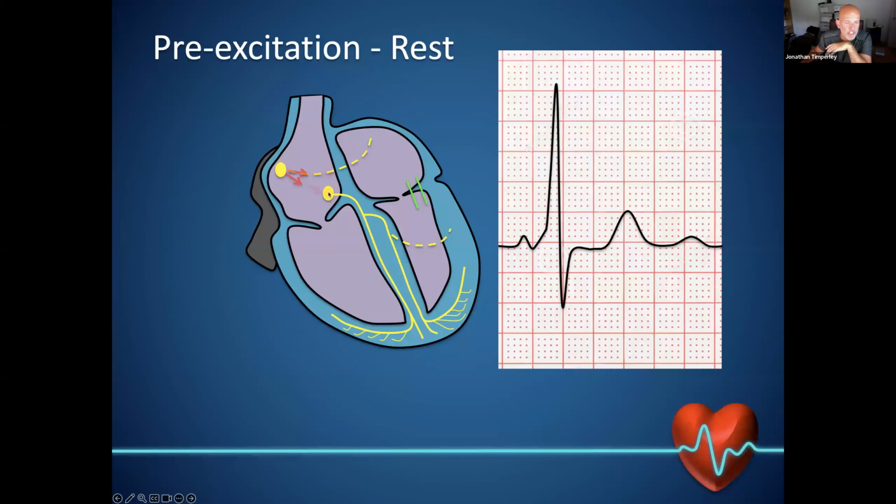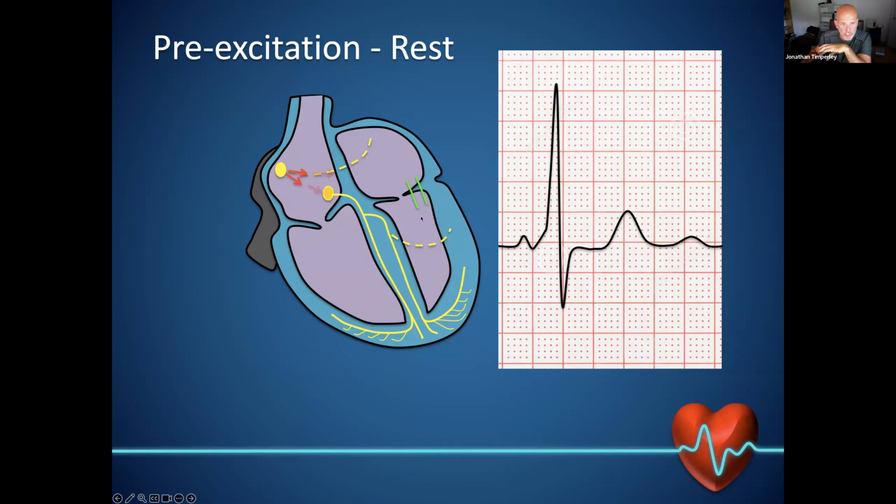So we're looking at most of the electrical supply at the beginning of the beat going down the accessory pathway, which is non-decremental. So it just allows the electricity to go straight down the pathway without having to go through the AV node, which obviously is a mechanism for pausing electrical supply.